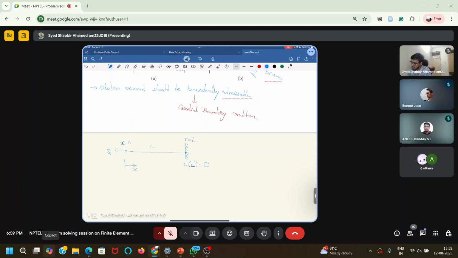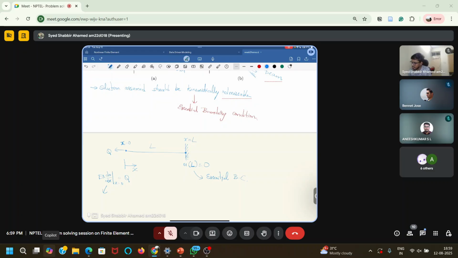And at the free end of the bar, there is a force, which means this condition at x equals 0 is 0. So this is our essential boundary condition, because this boundary condition is on the primary variable, which is u.